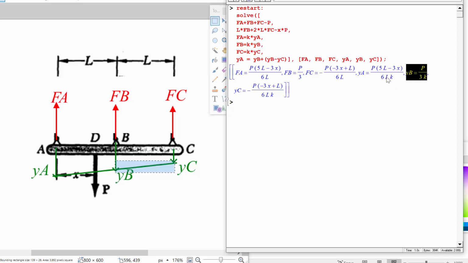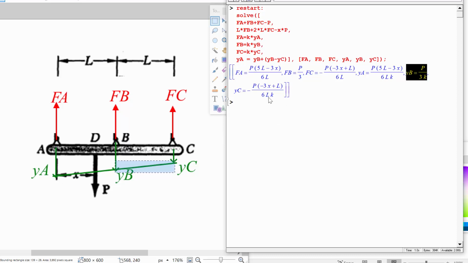Oh, if you multiply numerator and denominator by a half, then you can get this to be 2.5 over 3. So that'll be 2.5 P over 3K. So it'll be a lot more if we move P all the way over here. Then in this particular setup, this point will move down by 2.5 times the amount that this point moves.